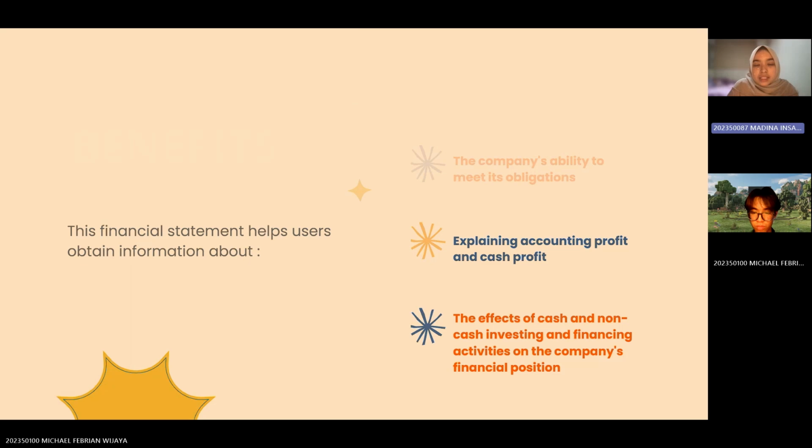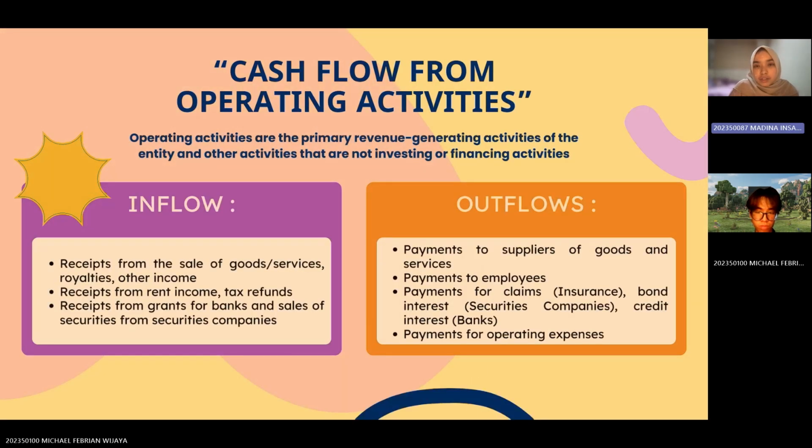Okay, next, cash flow from operating activities. Cash flow from operating activities are the primary revenue-generating activities of the entity and other activities that are not investing or financing activities.